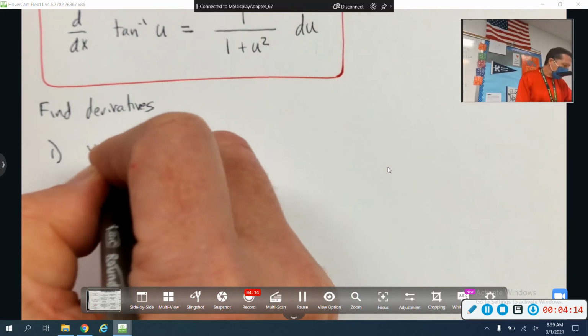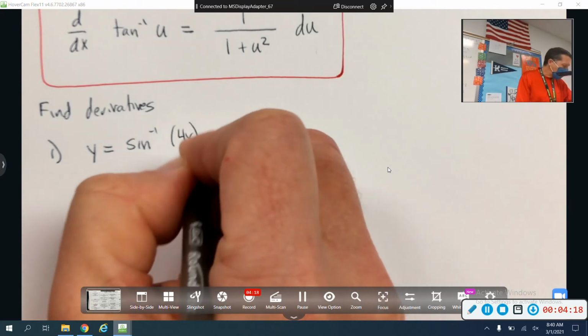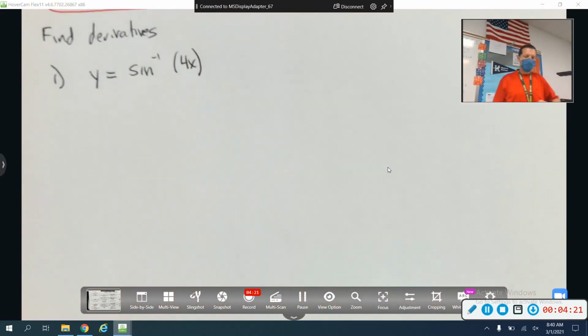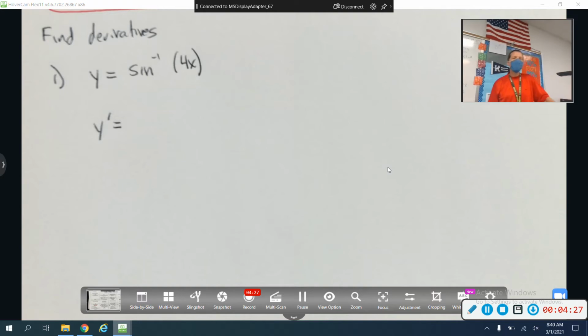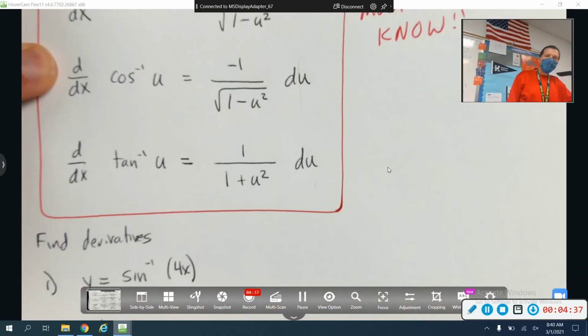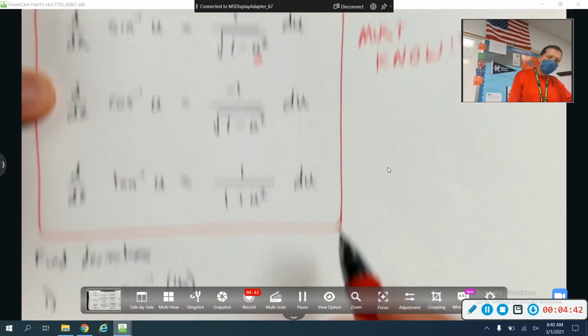So let's say y equals inverse sine of 4x. So y prime. Right now this is our first day, first problem. We don't have this memorized. We're just looking up at the rule. And the rule is 1 over the square root of 1 minus the argument squared.